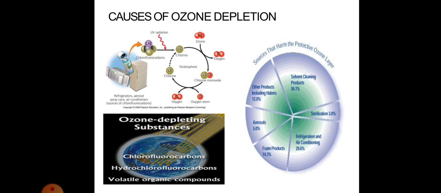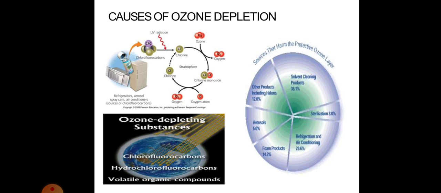And now, coming to the various causes of ozone layer depletion. Ozone layer depletion is a major concern, and it is associated with a number of factors. The main cause responsible for the depletion of the ozone layer is chlorofluorocarbons. Chlorofluorocarbons, or CFCs, are the main cause of ozone layer depletion.